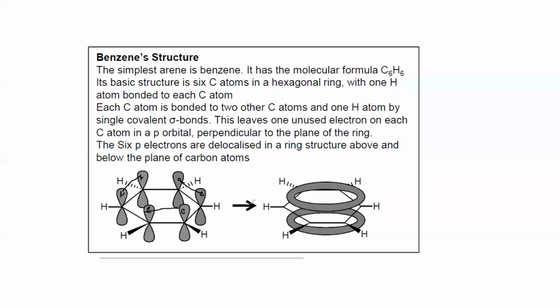When we compare the bond lengths in the benzene ring, the carbon-carbon double bond is shorter and the carbon-carbon single bond is longer. But the bond length in benzene is between the carbon-carbon single bond and double bond, because it's not a pure single bond and not a pure double bond.